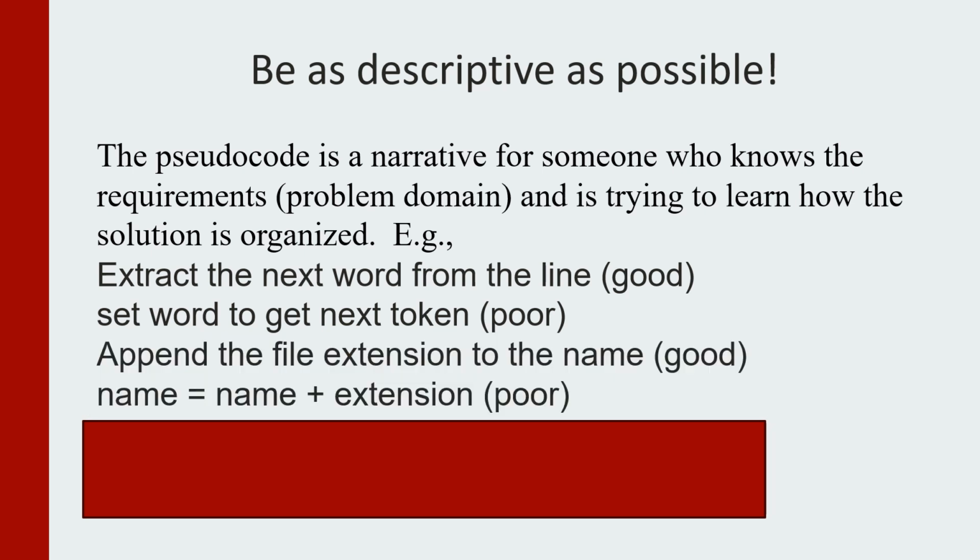Another example is append the file extension to the name. That's pretty good, pretty descriptive. But if you write name is equal to name plus extension, that's not as descriptive as to what's going on.